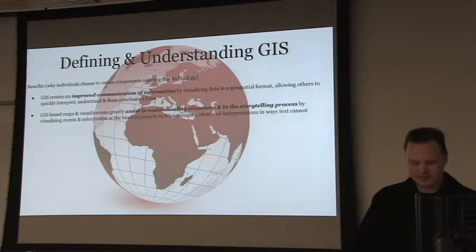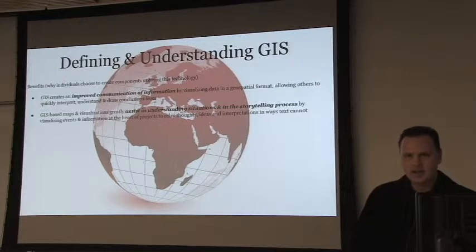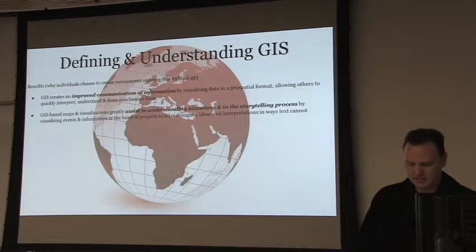Second, GIS-based maps and visualizations greatly assist in understanding situations and in the storytelling process. Many of the projects and research topics fall under this definition and allow viewers the ability to visualize events and information at the heart of projects that relay thoughts, ideas, and interpretations in ways that text cannot.